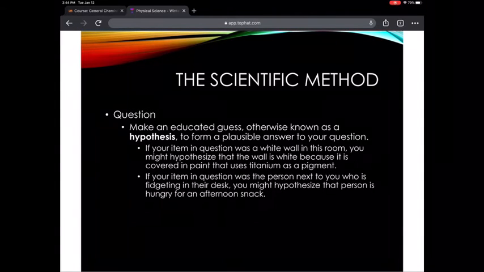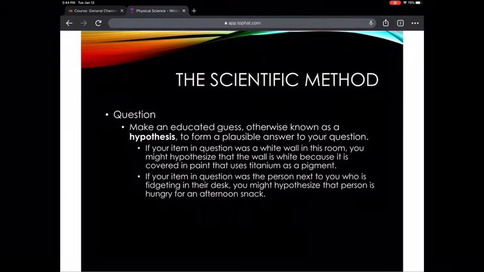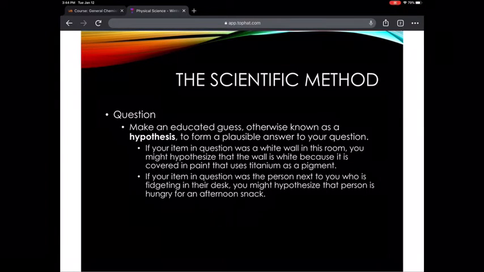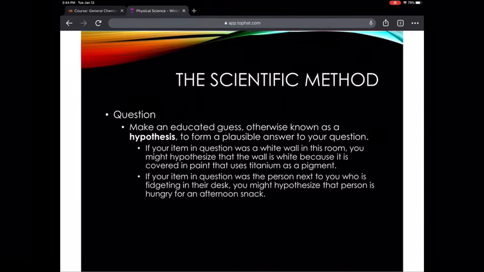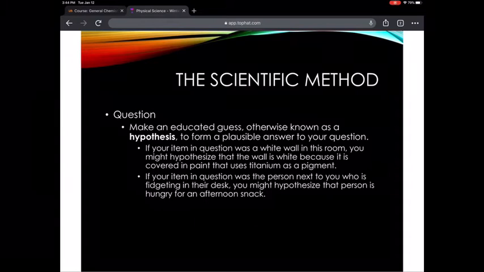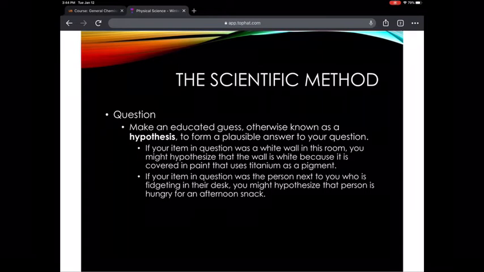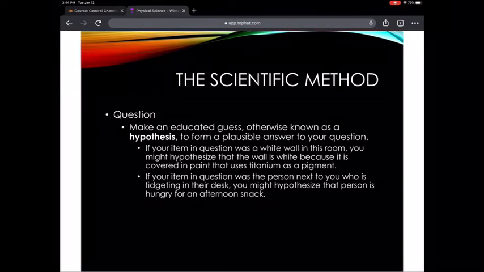After you observe, you come up with a question. Sometimes an observation takes 10 seconds, sometimes an observation takes years. A good scientific question is followed by making an educated guess, otherwise known as a hypothesis, to form a plausible answer to your question.